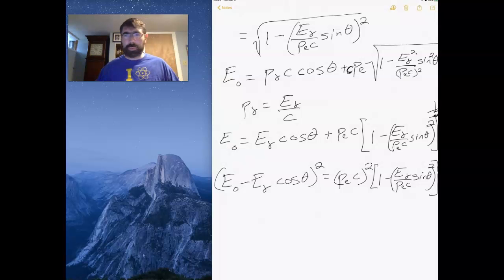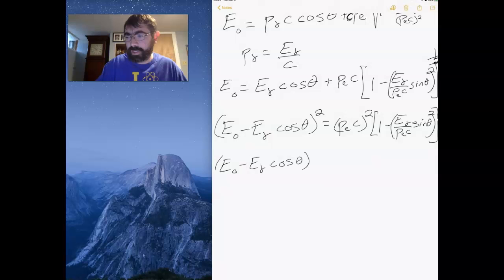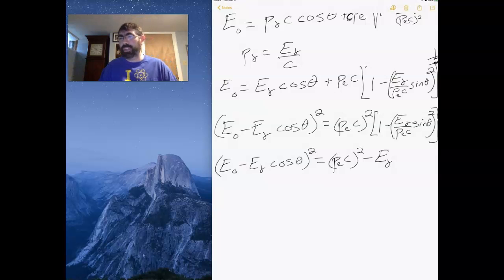Okay, now if I multiply through on the right-hand side by PEC squared, I will get PEC quantity squared minus E gamma. I cancel the PEC squared, so I have E gamma squared sine squared of theta. Okay, so hopefully you see where I'm going with this.